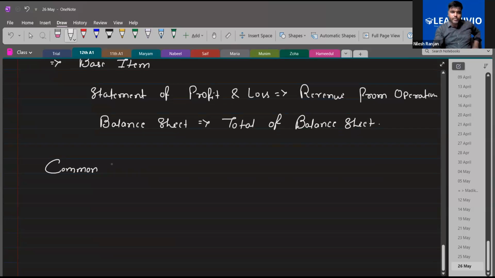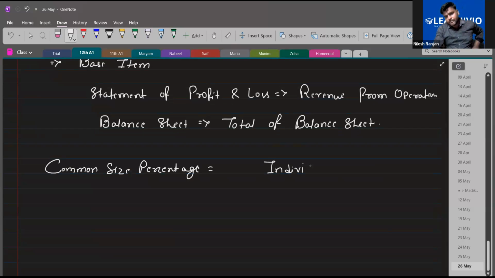So common size percentage equals individual item divided by base item into 100.